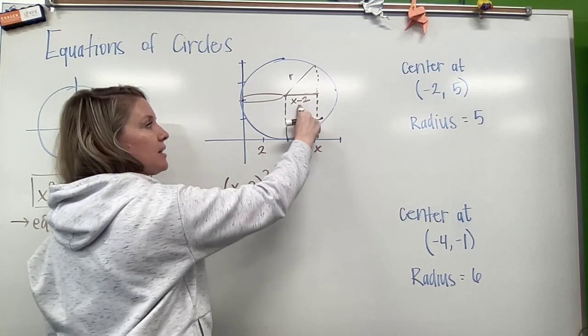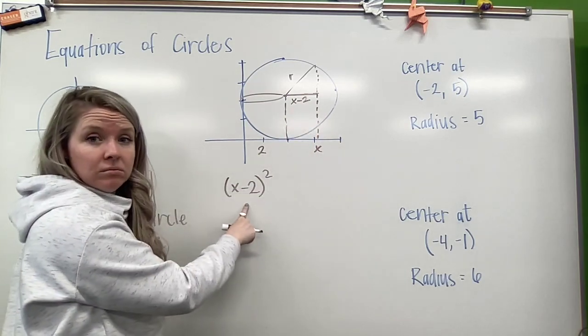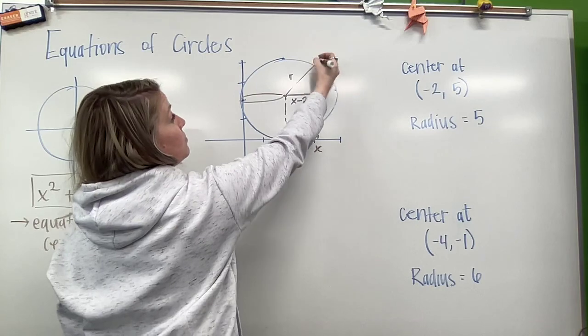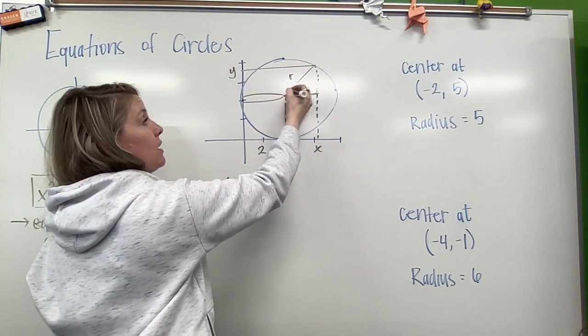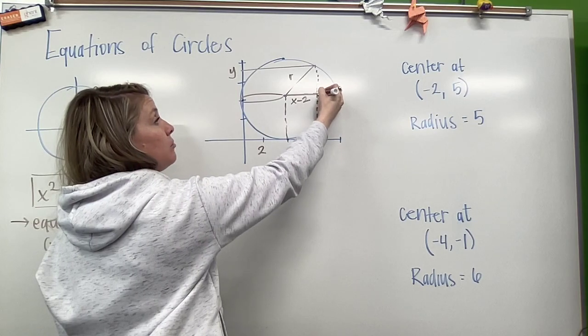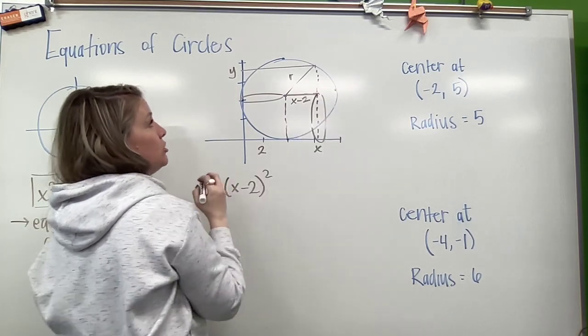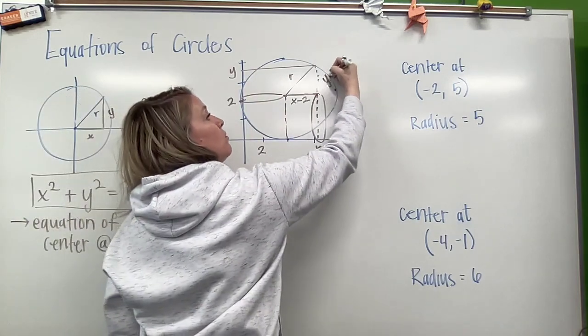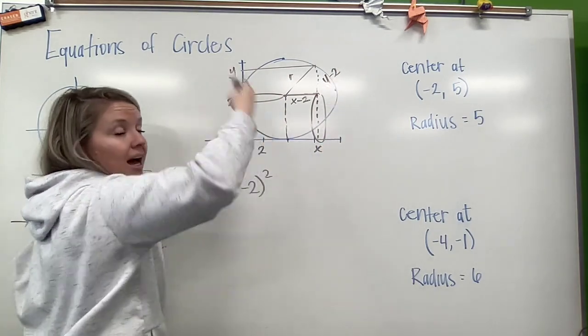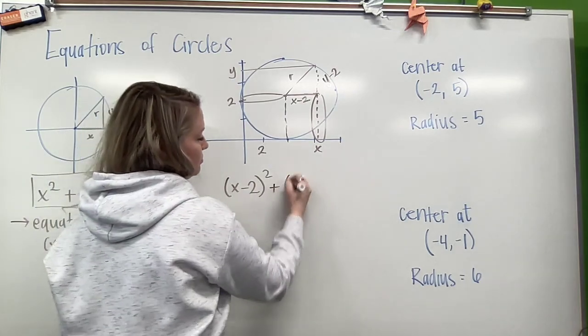That's my side length, x minus 2, and I square it. I'm going to do the same thing here. So here I have some y value, and then I'm going to subtract the bottom part, which in this case is 2. So y minus 2 is the height of that triangle.